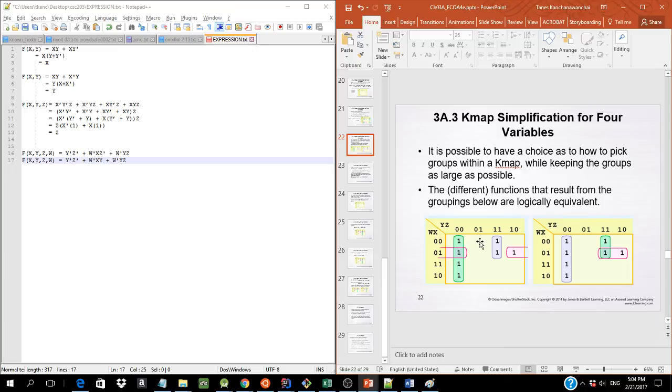But this one said we cannot simplify further from the chart here, right? So it means we can either take y or z prime as the input, it will give you the same output.